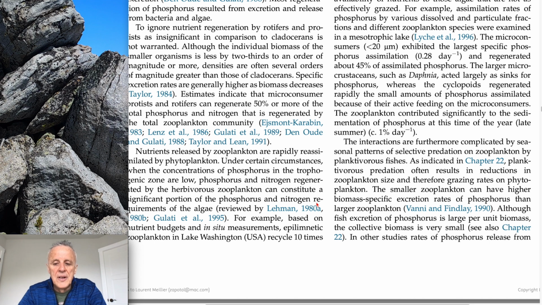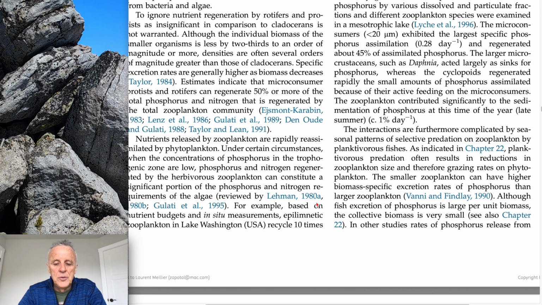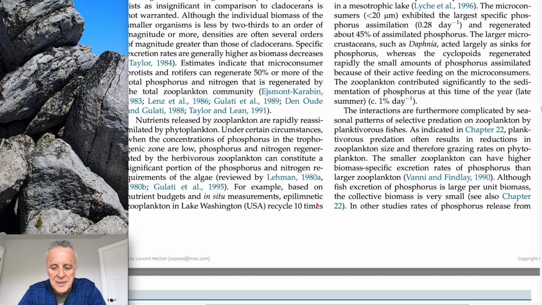The interactions are furthermore complicated by seasonal patterns of selective predation on zooplankton by planktivorous fishes. As indicated in chapter 22, planktivorous predation often results in reductions in zooplankton size and therefore grazing rates on phytoplankton. The smaller zooplankton can have higher biomass-specific excretion rates of phosphorus than larger zooplankton, although fish excretion of phosphorus is large per unit biomass.